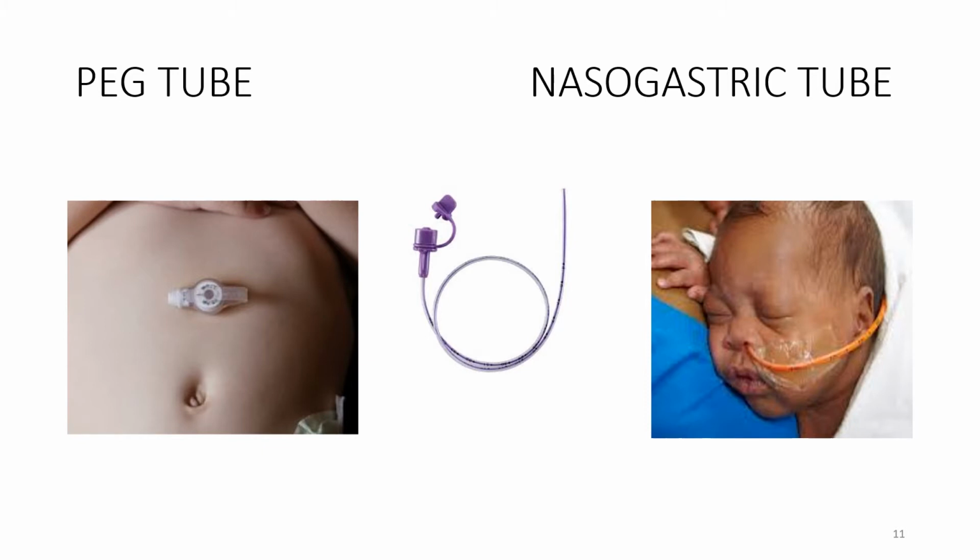With that PEG tube, you always want to make sure you clean in around that site. Yes, it is inserted. It shouldn't really move about, but sometimes they can. I've seen many infants, their PEG tubes just come right on out. But always make sure you're cleaning the site on those PEG tubes, okay? Keeping it clean.